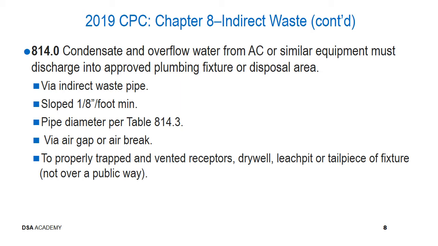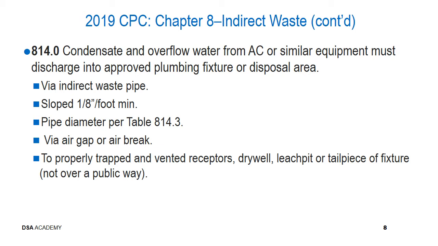However, they are no longer permitted, and have not been permitted for many code cycles, to discharge over a public way. In the old days, they used to call these tattletales, and one of the reasons why it was acceptable to have these indirect waste outlets piped into an area that may actually be over a doorway or close to a doorway was so that maintenance personnel could monitor to make sure that these discharges were still free flowing.